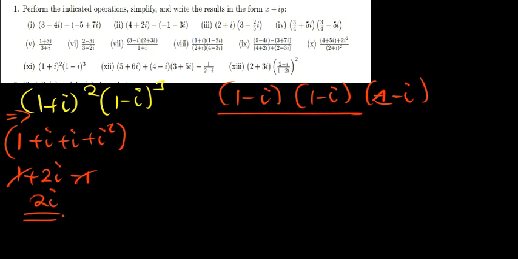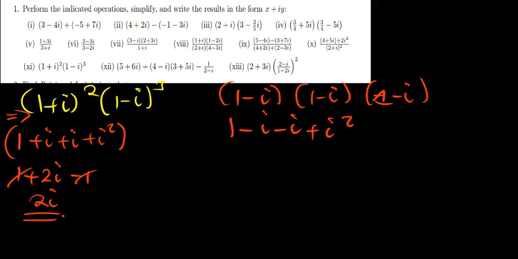Let's now expand this. We have 1 times 1 is 1, 1 times i is i, the next thing we're going to have, negative i times 1 is negative i, negative i times negative i is plus i squared.